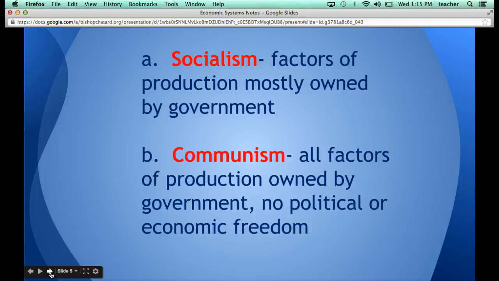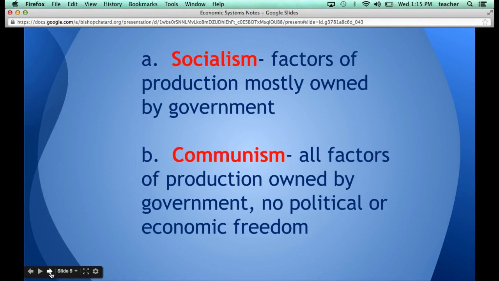In this case, you're going to have all the factors of production owned by the government, and there's no political or economic freedom. You have no choice. You do not choose anything. Okay? With socialism, there is still some choice. For example, you may get to choose from a selected list of products.